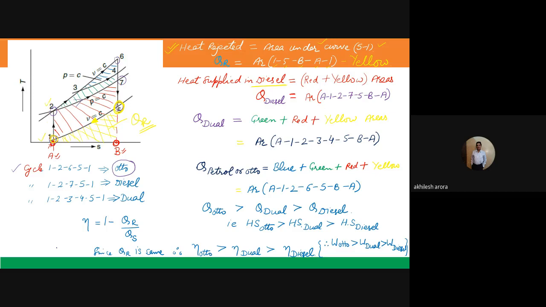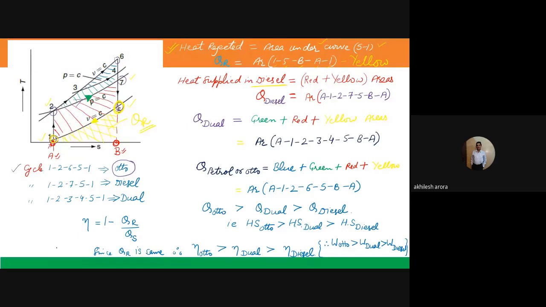So that is the diesel cycle. And during the process 2 to 7, this process, we are supplying the heat. So what is the area under this curve 2 to 7? The area under this curve 2 to 7, I have written here, is red plus yellow areas.